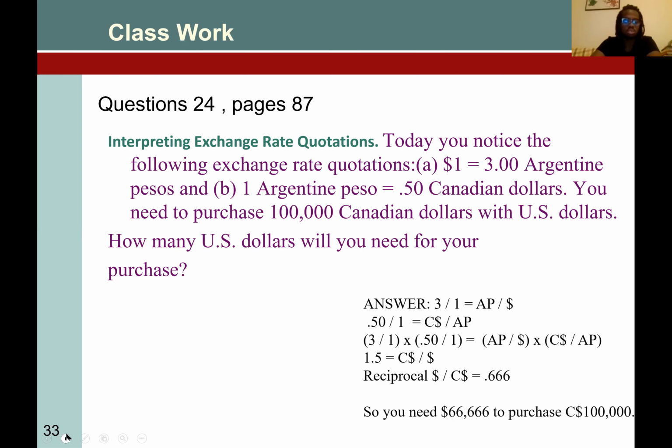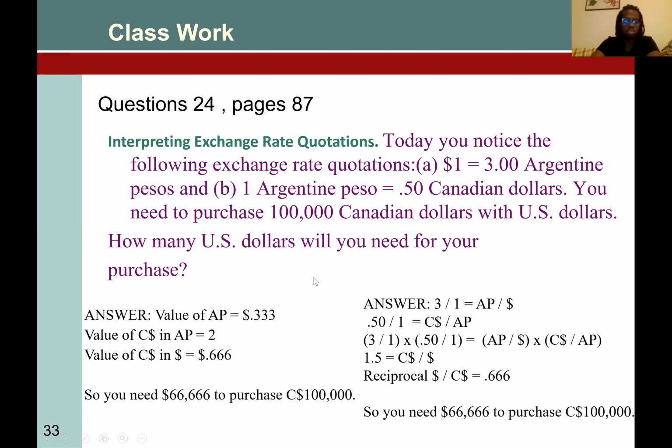Here we go. So there are going to be numerous methods to solve this. Because we have a cross rate, I earlier calculated Canadian dollar over dollar. You can also do this with dollar over Canadian dollar. You just need to maintain one of these cross exchange it, and you can find out how many dollars you need.